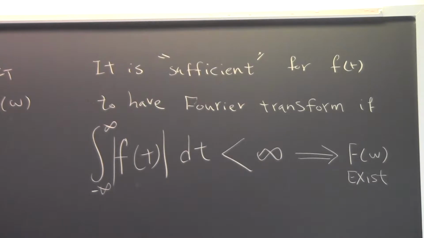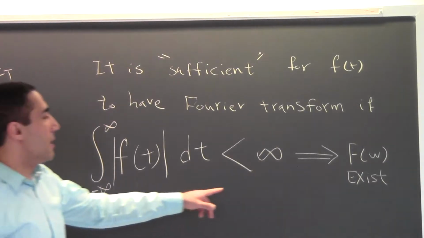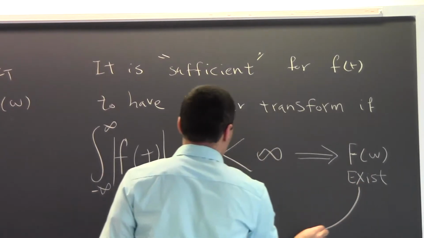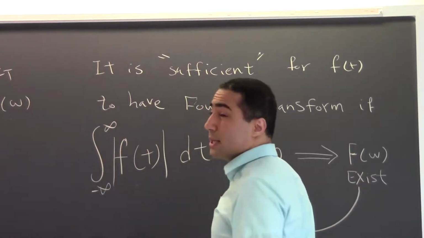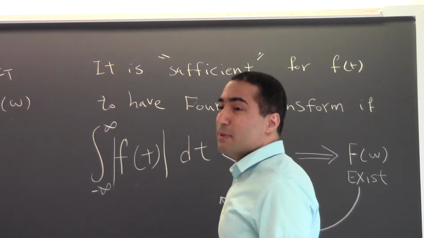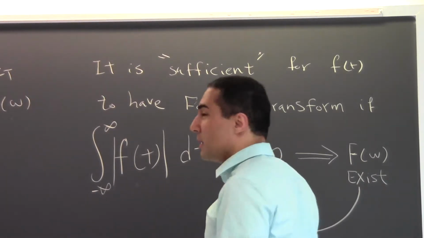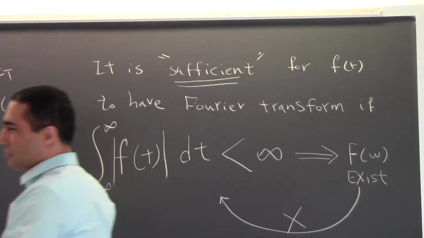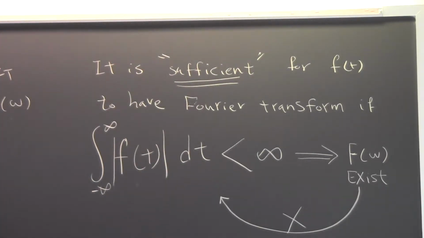But this is not a two-way arrow, it's only one way. So if F(omega) exists, it does not mean that this inequality will be satisfied. Because if you're a mathematician, sufficient sometimes means two ways, but if I say sufficient, it doesn't mean the other way can be applied.